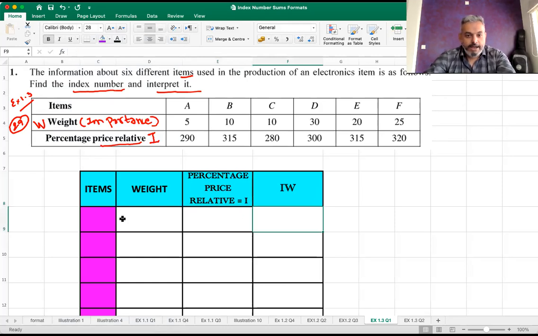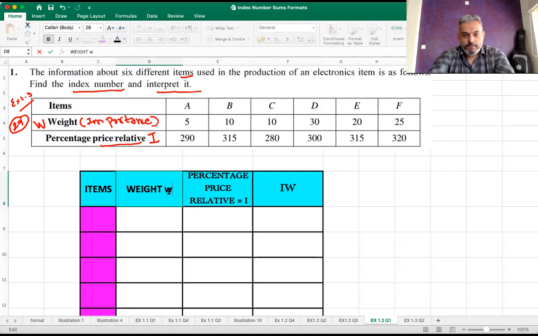Then weight is equal to W. So write W over here. Now, write the question.